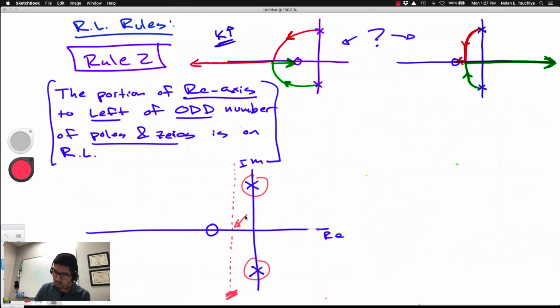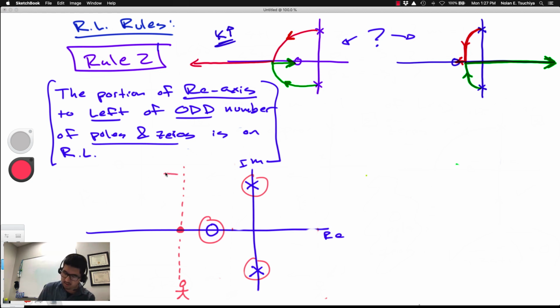Now, if we were to move this line a little bit more to the left, such that we're now over here, the story would change a little bit. Because now I am to the left of 3 poles and zeros. 3 is an odd number, and therefore this point on the real axis is considered part of the root locus plot.